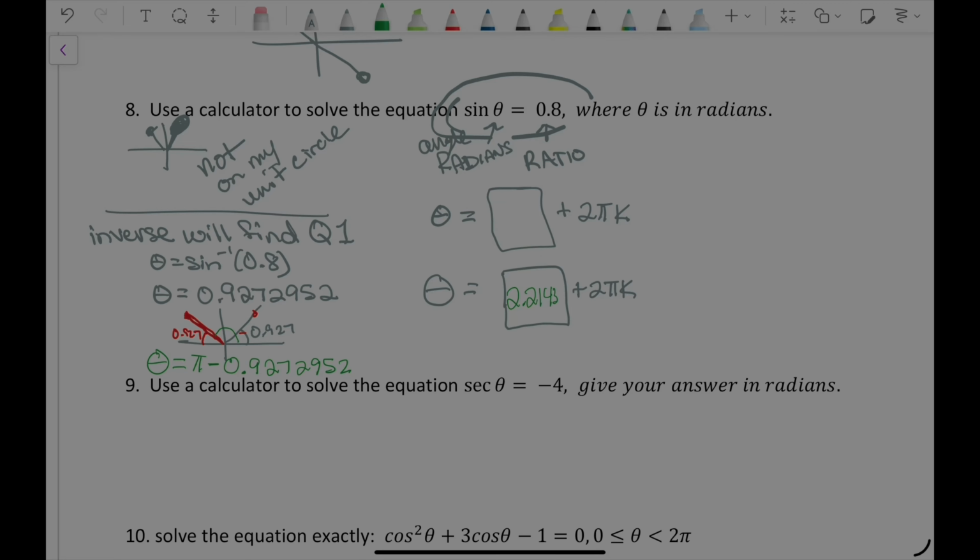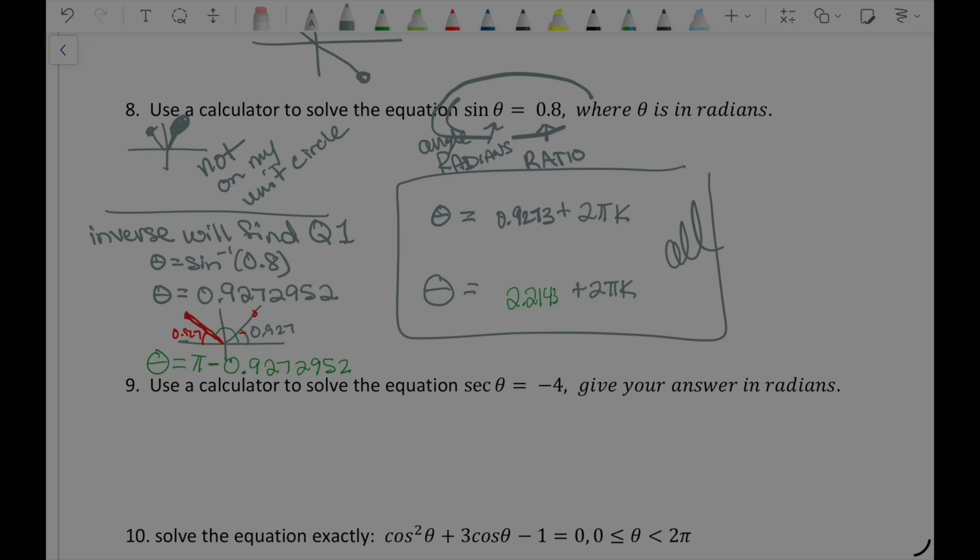That is that one in quadrant 2. The one in quadrant 1 was 0.9273. Now, if we want to solve all of them, they have that 2 pi k on there. These are all the solutions forever and ever.